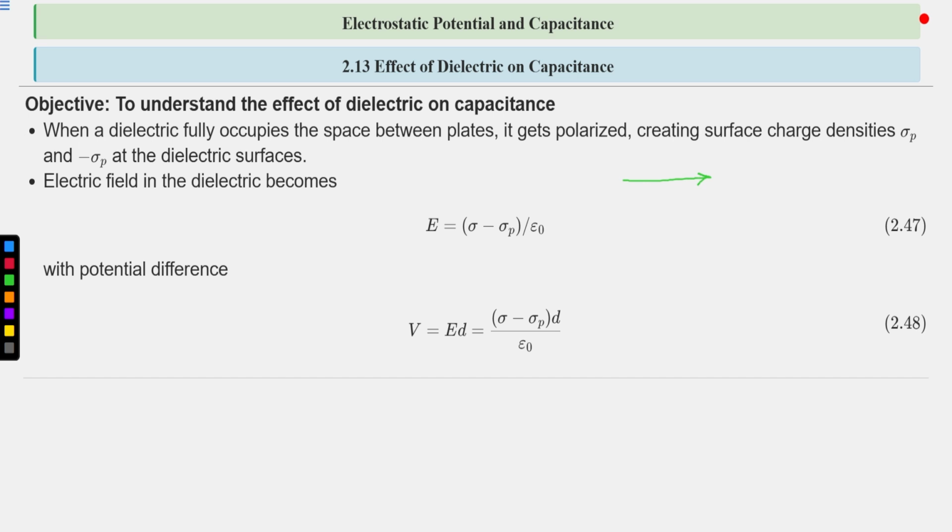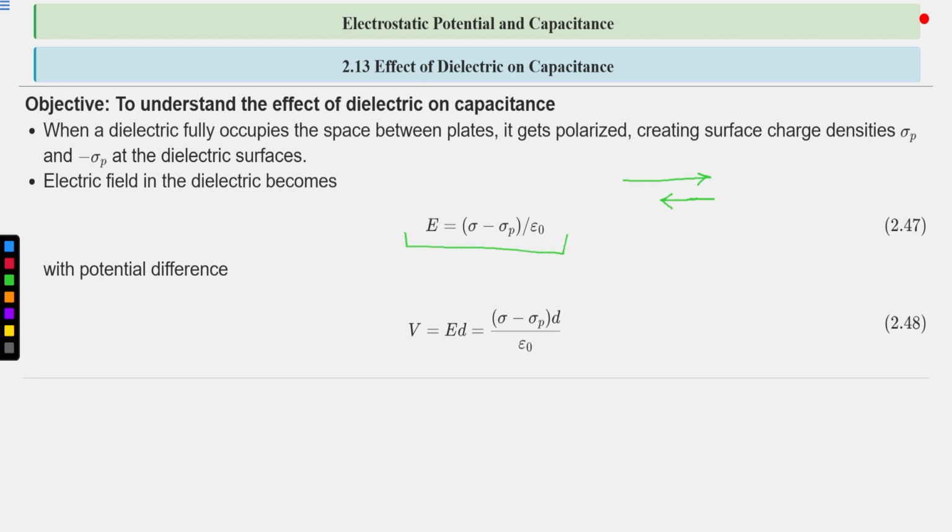Now there is an electric field due to these induced surface charge densities, which is less in amount than the external field, and it is sigma p by epsilon naught. So the reduced value of the electric field will become sigma minus sigma p upon epsilon naught.